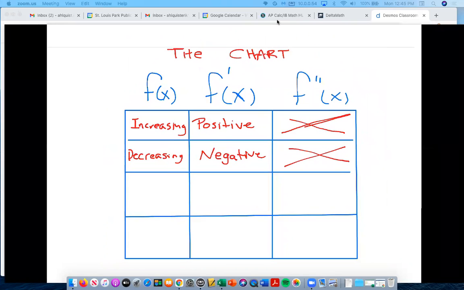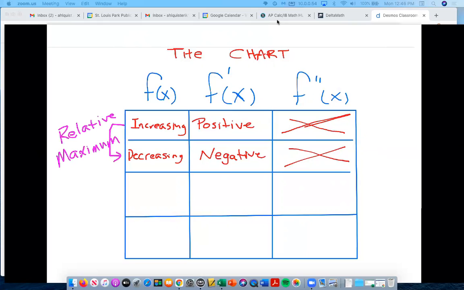If you're traveling from this row to this row, so if you know f of x goes from increasing to decreasing, you know its derivative graph would have to be going from positive values, which would be above the x-axis, to negative values, which is below the x-axis. What you get is a relative maximum here.